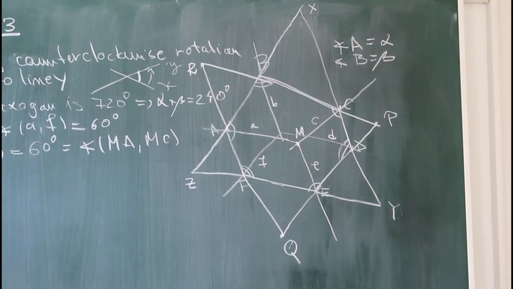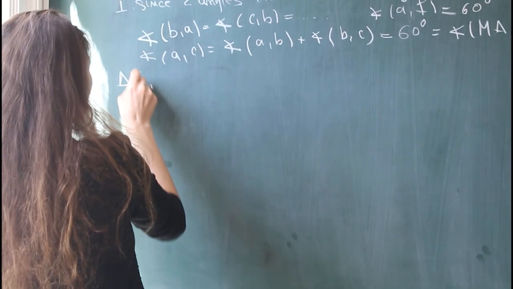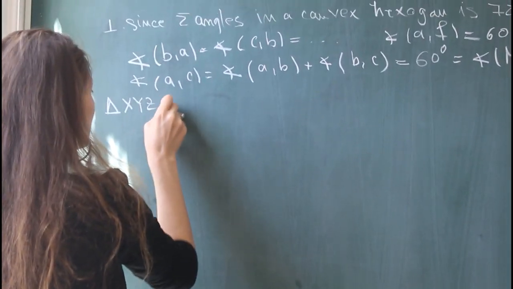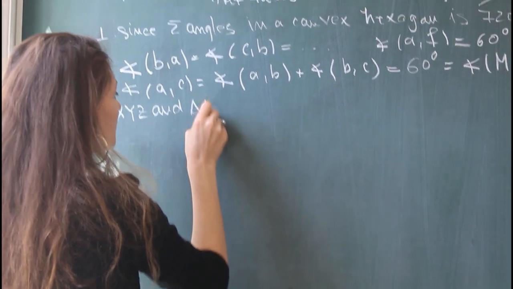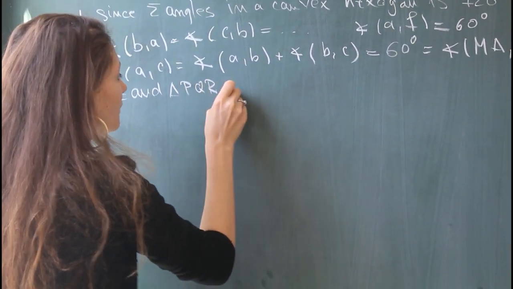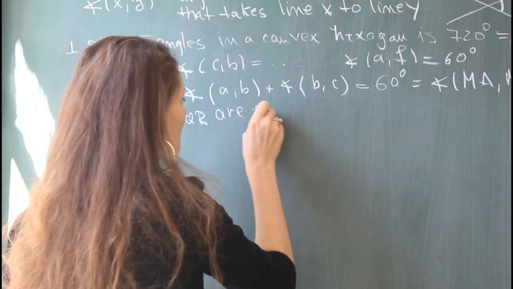So another observation is that triangles XYZ and PQR are equilateral.